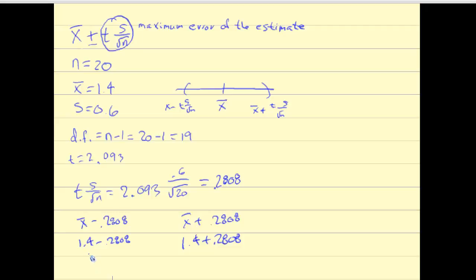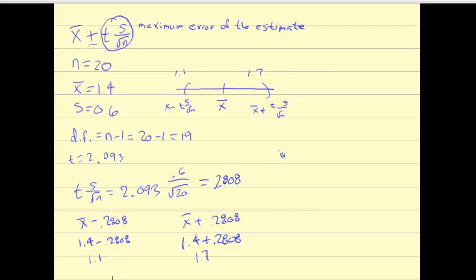But in any case, if I round it to 1 decimal place, this is going to give me 1.1 to 1.7. So in other words, my interval endpoints are 1.1 and 1.7.